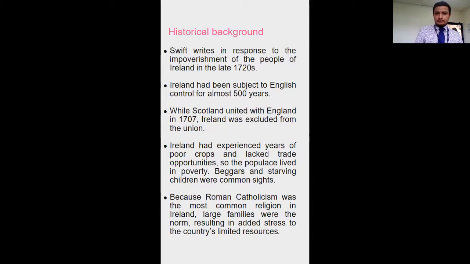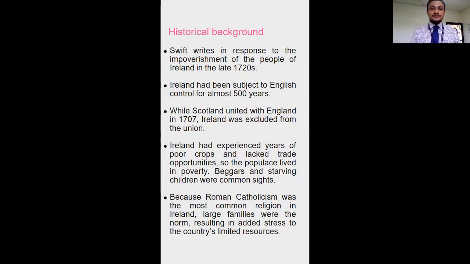So some of the historical background that we're going to have in here is that Jonathan Swift writes in response to the impoverishment of the people of Ireland in the late 1720s. Ireland had been subject to English control for almost 500 years. While Scotland united with England in 1707, Ireland was excluded from the Union.